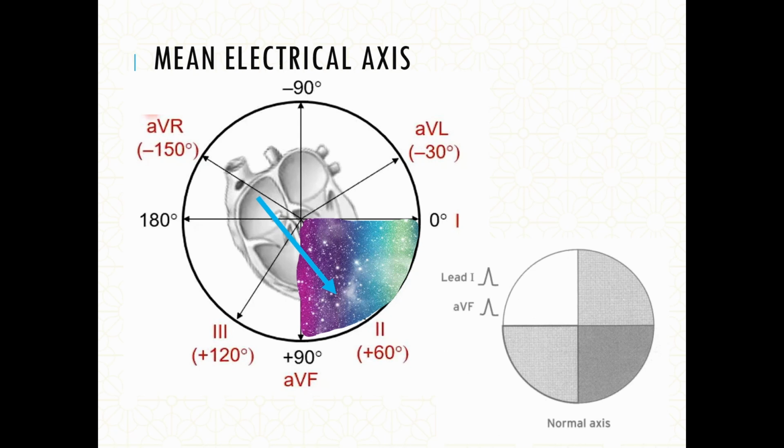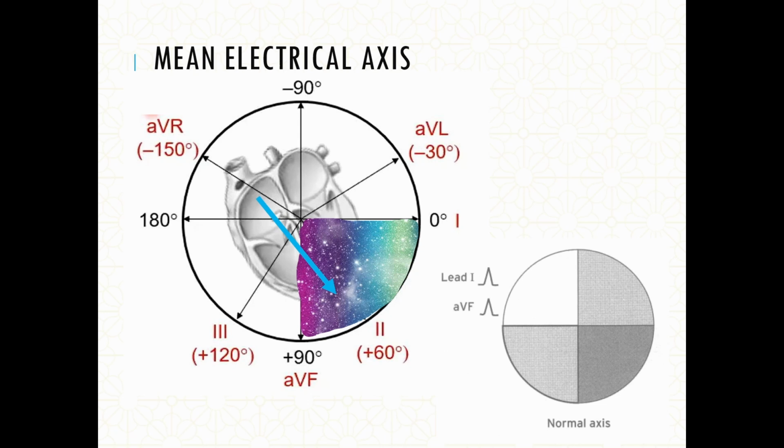Now, the reason that we're interested in them is because the amplitude, which is how tall that spike is, can tell us which of those two leads the electrical activity is running closer to. In this scenario, where our apex is and where our arrow is pointing is much closer to AVF than it is to 1.